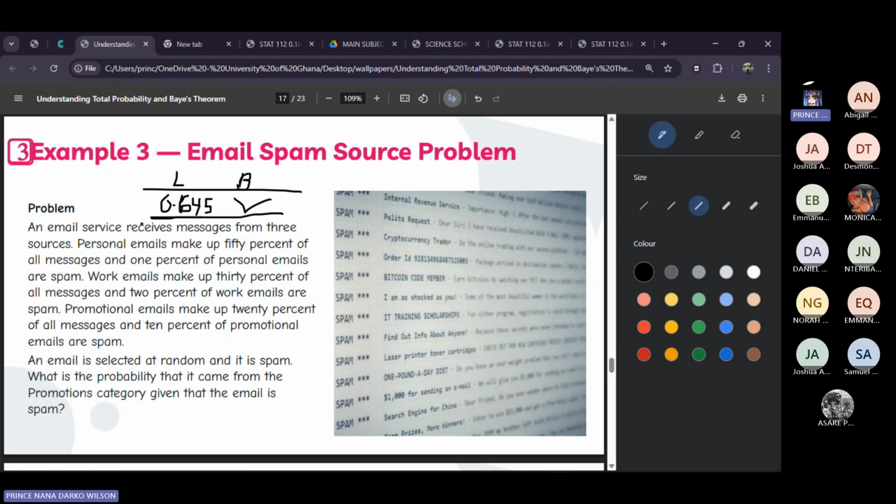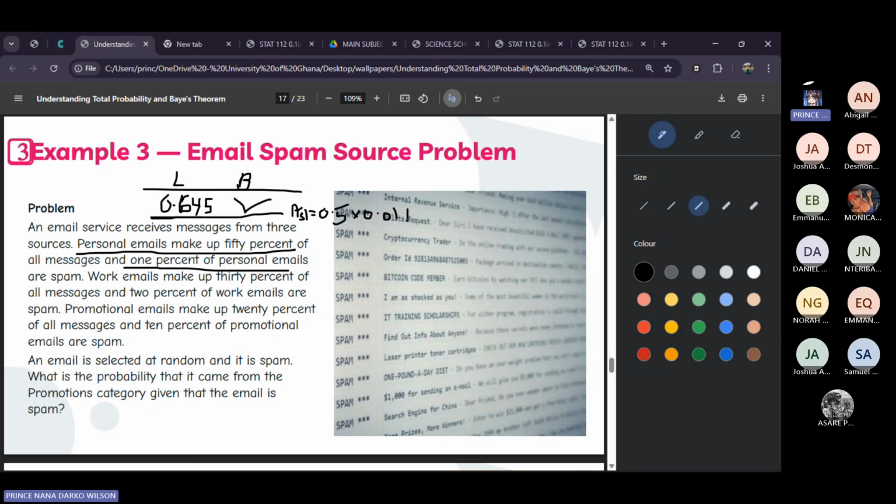So let's see. According to this question, personal emails make up 50% of the messages, and 1% of personal emails are spam. So the probability of a personal email being spam: currently we are finding the probability of spam, which will be the total sample space. It is the probability of picking a personal email, that's 0.5, multiplied by the probability of picking spam, which is 1% of personal emails, so 0.01.